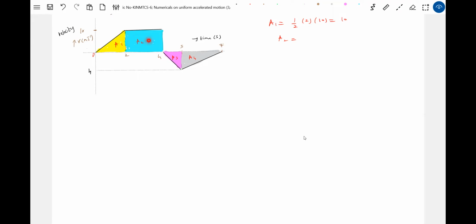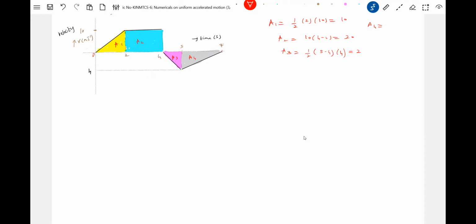Then the area of this is a rectangle, so 10 minus 4 minus 2. This will be 20. The area of this triangle: height is 1. So half into base 5 minus 4, height 4, that is 2.